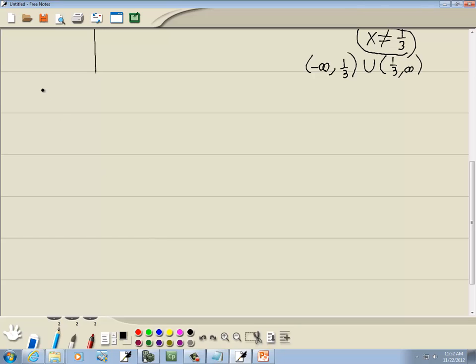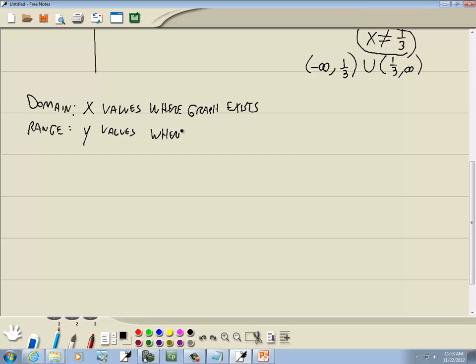Now, domain, let me write all these down again. Domain, we saw algebraically, just for graphically, it's the x values where the graph exists. And range is the y values where the graph exists.